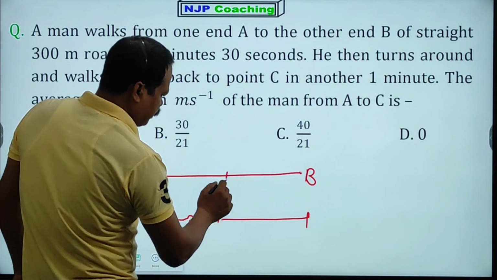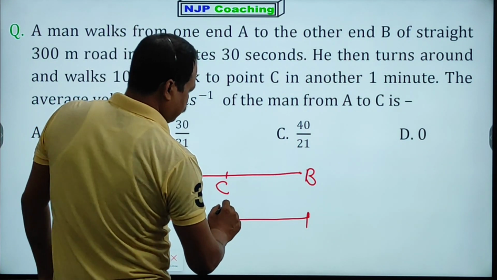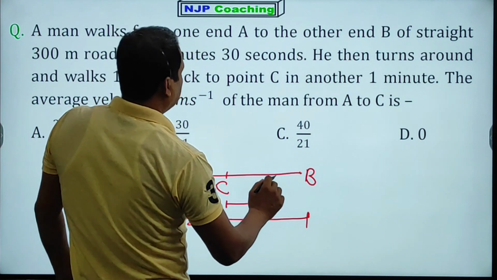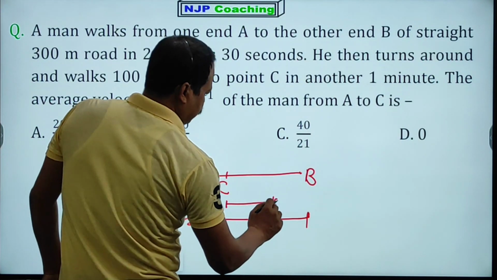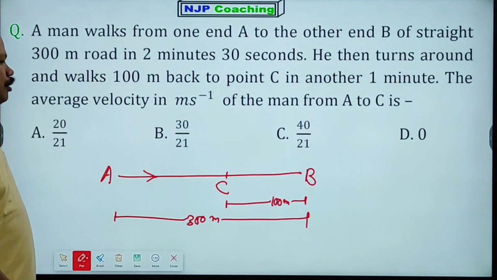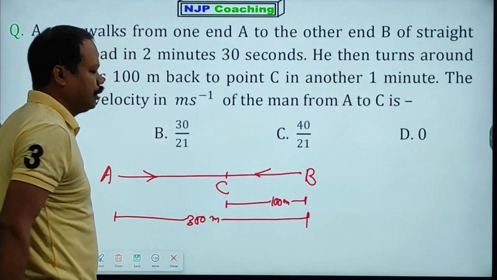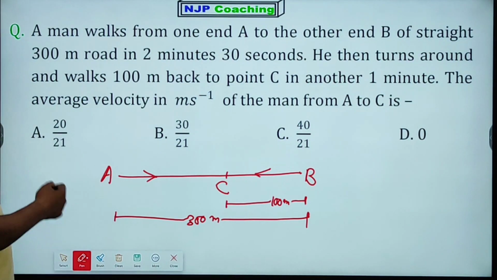Suppose this is the point C. And what is the distance from B to C? It is given 100 meter. He returns from B to C. It's a straight path.